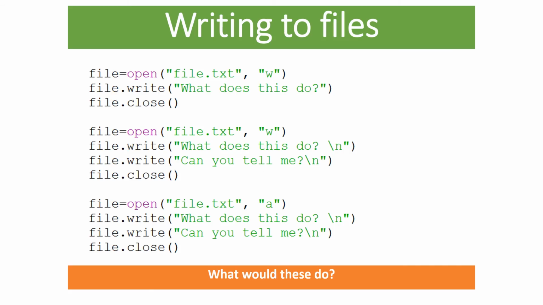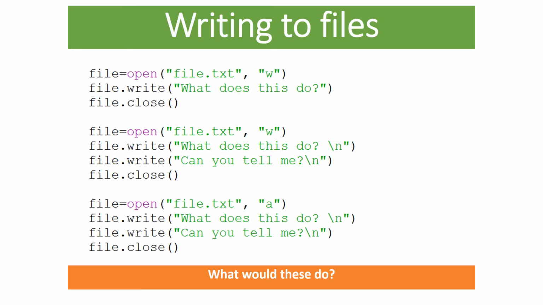When we're writing to a text file, it's a very similar circumstance. We have to open a text file and put W. Now the W means to write. This is where it's slightly different than when we're reading a text file.